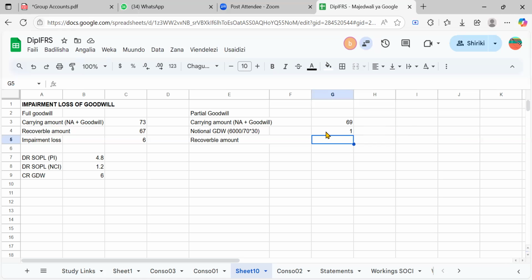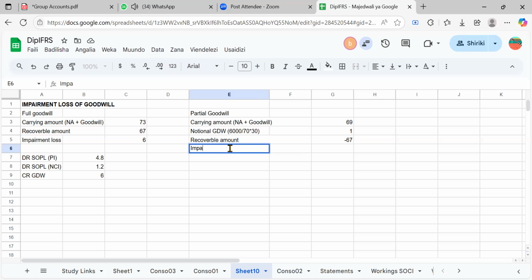By getting 1, I would say, okay, now I could get the total. So 69 plus 1, that's 70. The recoverable amount is the same, it was 67. So the same figure. And we can get the impairment loss again.